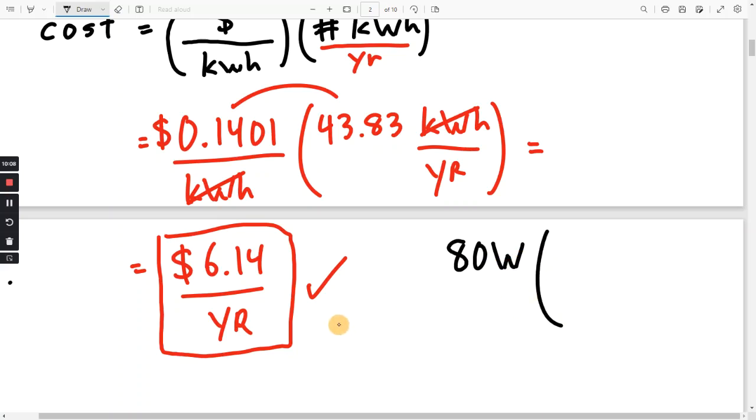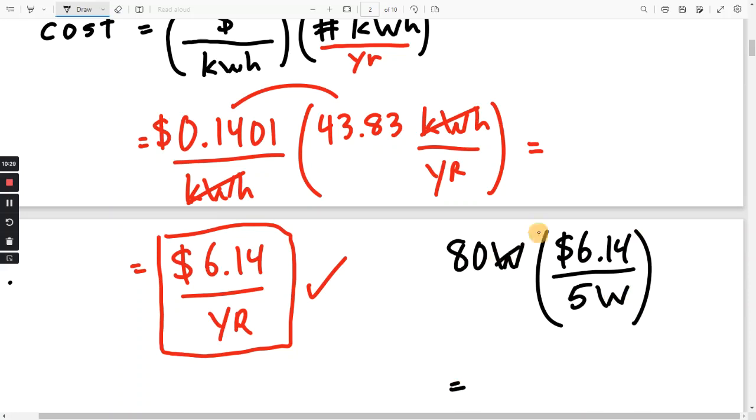You would just multiply that by 6.14, and that's the total price for a 5-watt bulb. Watts over watts would cancel, and you would just do 80 times 6.14 divided by 5. And that's 98.25.